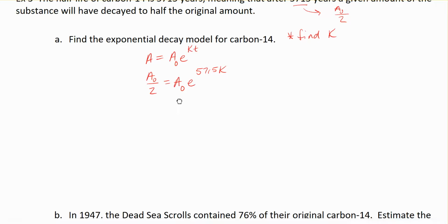I'm going to shift this over for just a second so you can see some of my algebra. What I want to do is isolate e and the variable k, right? So I've got to divide both sides by A naught. I already have a fraction over here, so I'm going to do this a little differently. Rather than dividing by A naught, I can multiply by the reciprocal. If I divide by A naught, that's the same as multiplying by 1 over A naught, because this A naught cancels with that A naught.